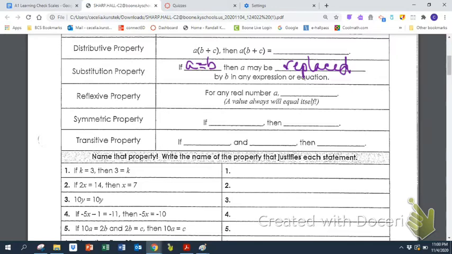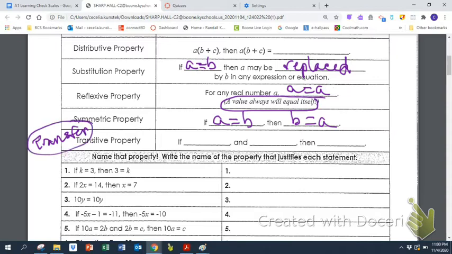And with the reflexive property, what that means is for any real number A, A is equal to A, meaning that a value always equals itself. Symmetric property, that's where if A is equal to B, then B is equal to A. You're just going to switch sides of the equal sign. And finally, the transitive property, think of the word transfer.